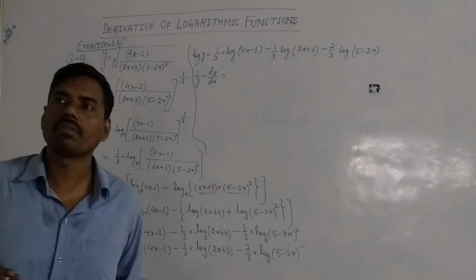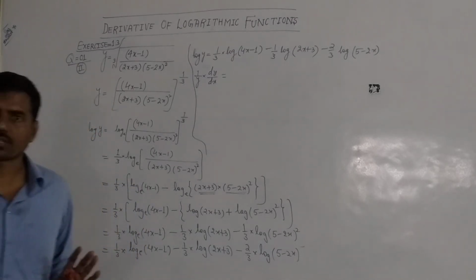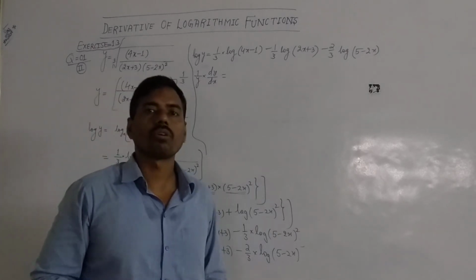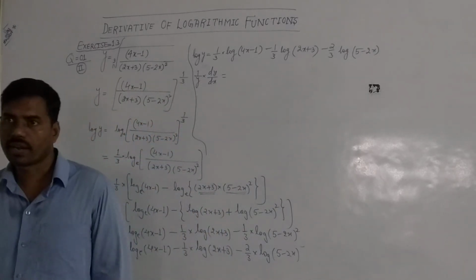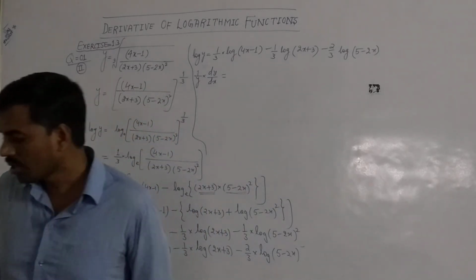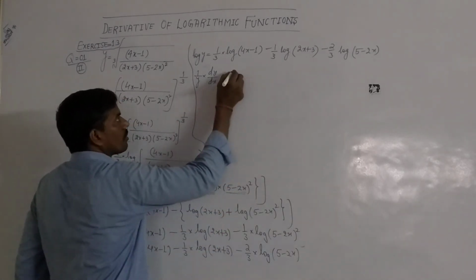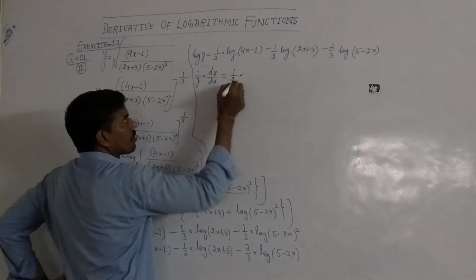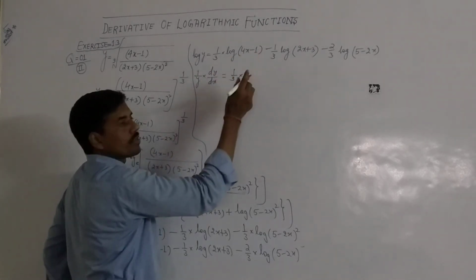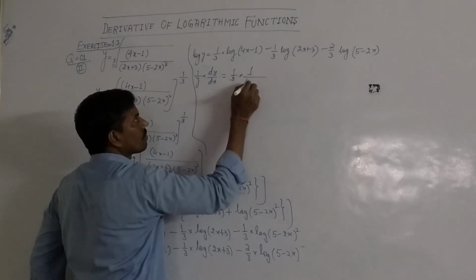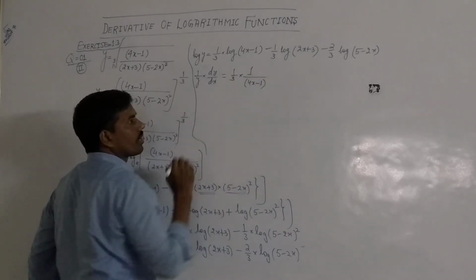Clear? Derivative of log x is 1 upon x, and derivative of x is 1. So here derivative of log of y is 1 upon y, and derivative of y with respect to x is dy by dx. This one is 1 by 3, a constant. Log of x means 1 upon x, that is 4x minus 1.